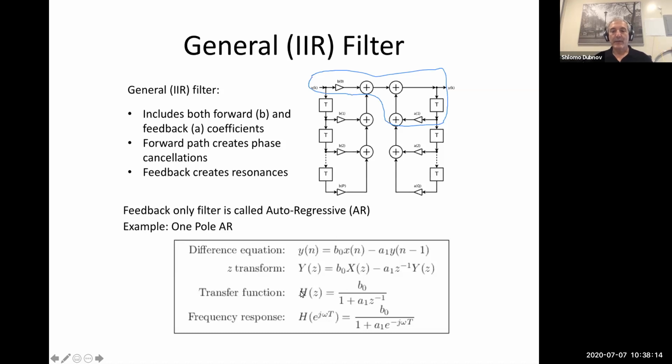This is the relation in frequency between Y and X. If you take a signal X and pass it through a filter that has a response H, you'll get an output Y. And if we switch the Z to be a Fourier transform, or plug it on the unit circle, this is the frequency response of the filter.